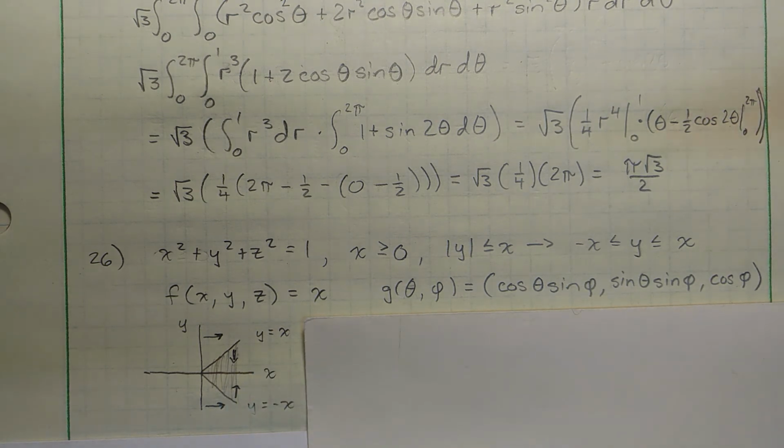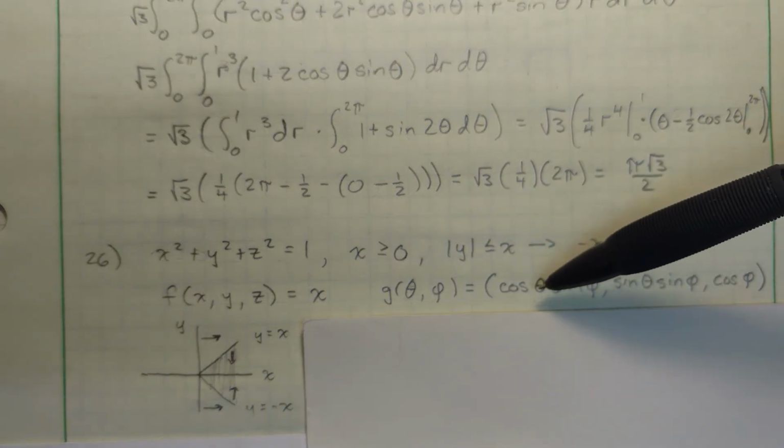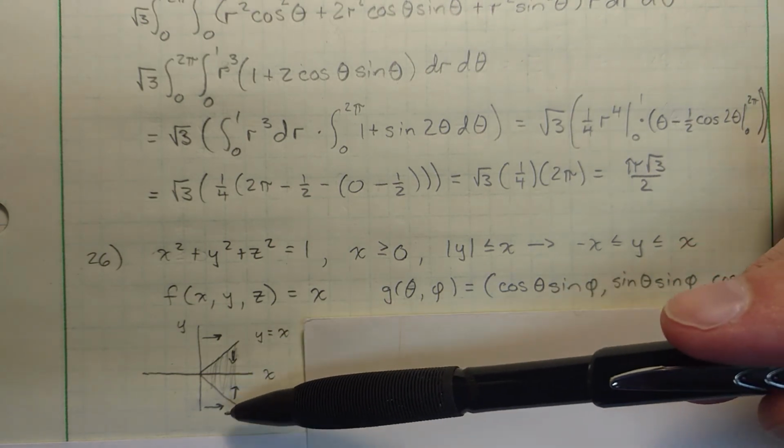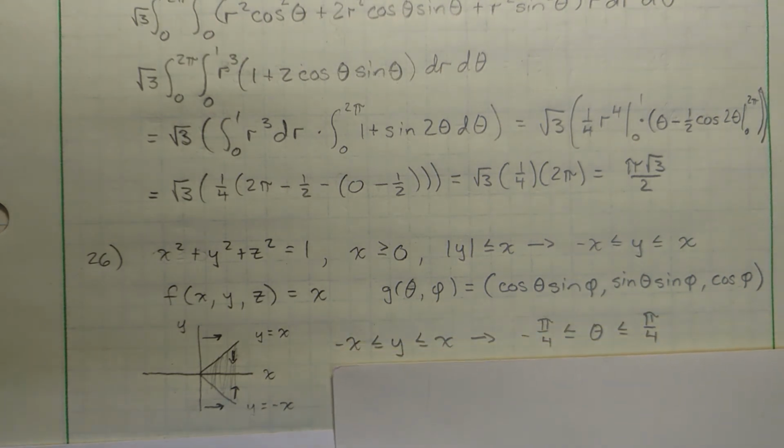Well, notice when I go to describe that, it's going to restrict my theta. Remember, my theta is the measurement of the angle in the xy plane, so that ends up restricting my theta to negative pi over 4 to pi over 4.